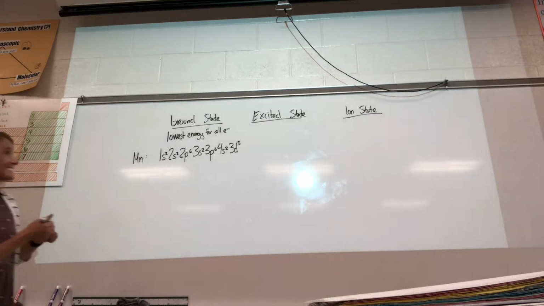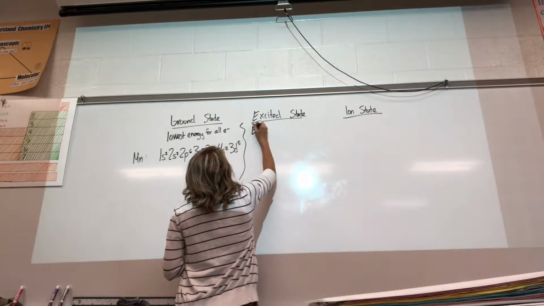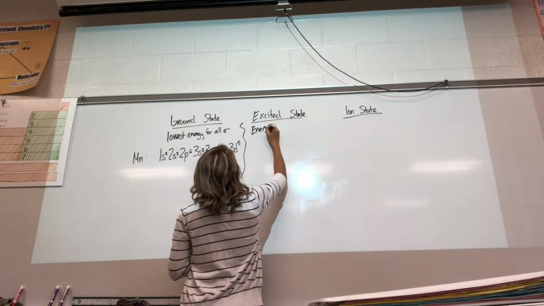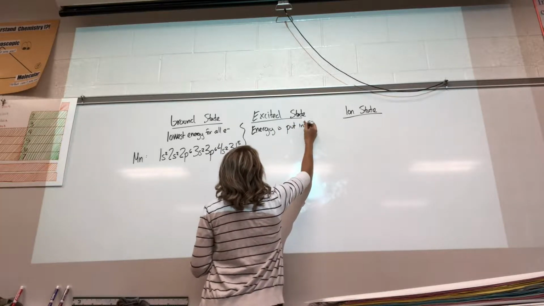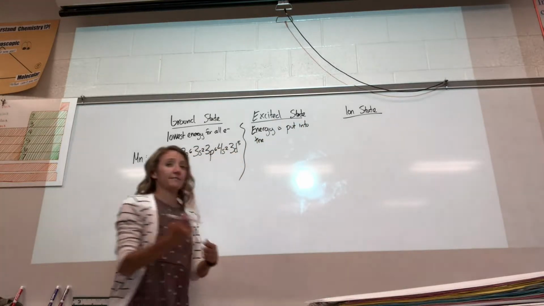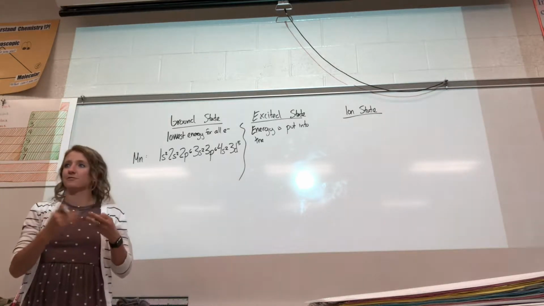Okay, now an excited state is when energy is put into the atom. Now the energy can be put in various ways, right? There's different forms of energy. You can use heat or electricity or something like that.